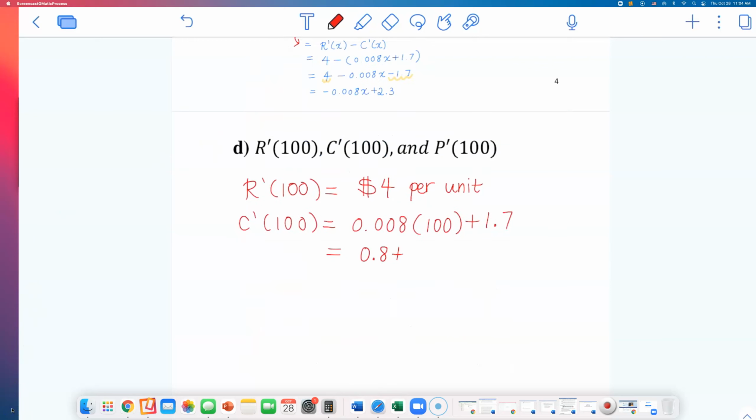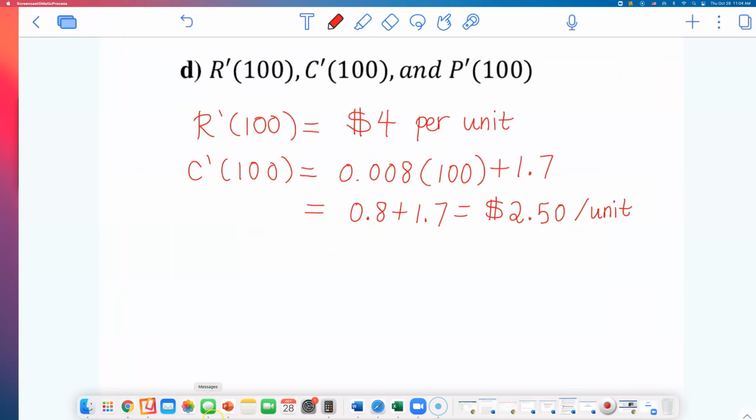I'm back, so let's add 1.7 to that. 80 cents plus $1.70 is $2.50 per unit. So for an additional 1 unit they make and sell, the cost is going up by $2.50 when they are making 100 units.